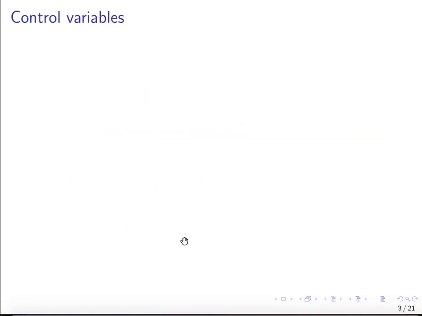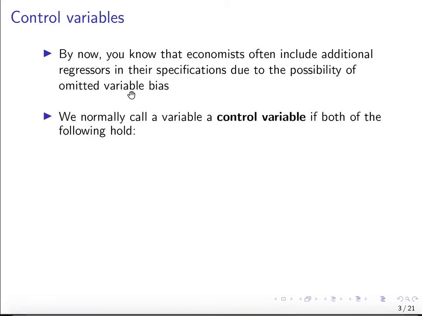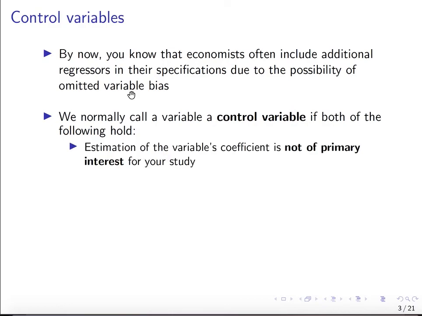Again, we introduced the multiple regression model when we started talking about control variables. So we add regressors to our specification because we're afraid we may get omitted variable bias. Now, we call these variables control variables, and not the main regressor, if they follow two things. First, they are not the primary interest of what you're studying.